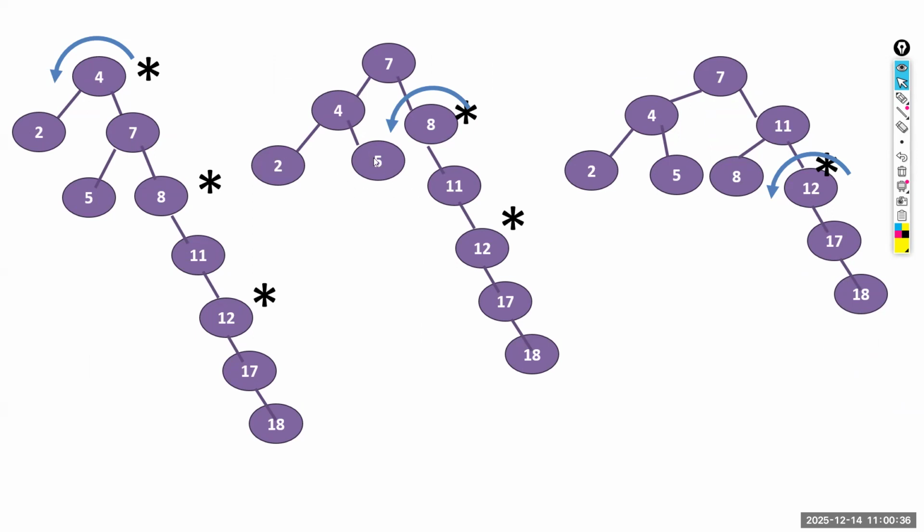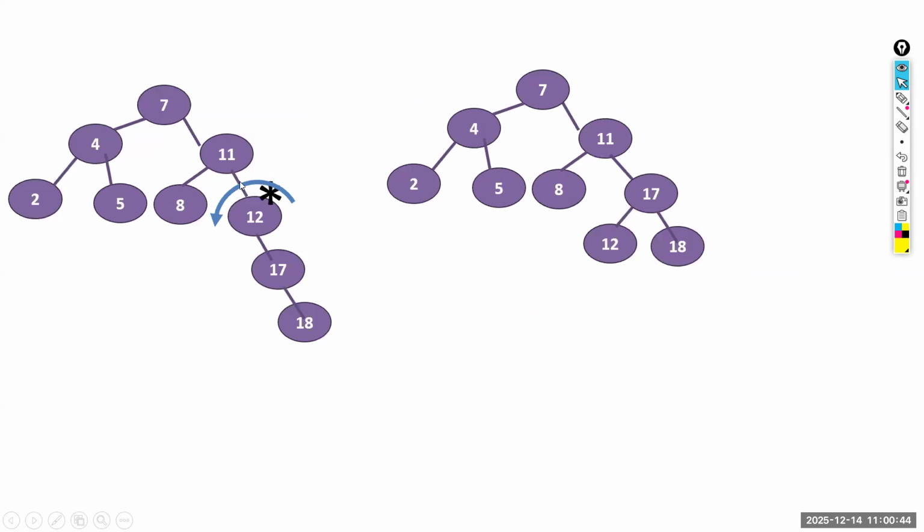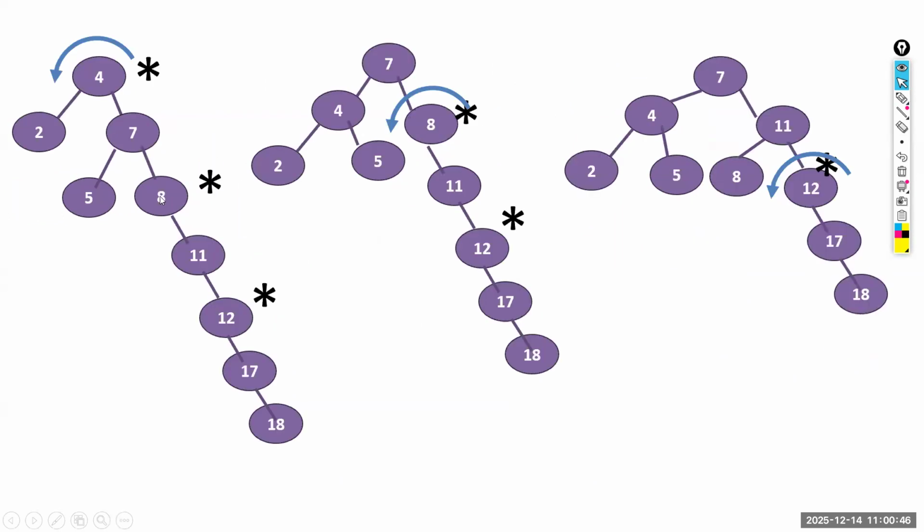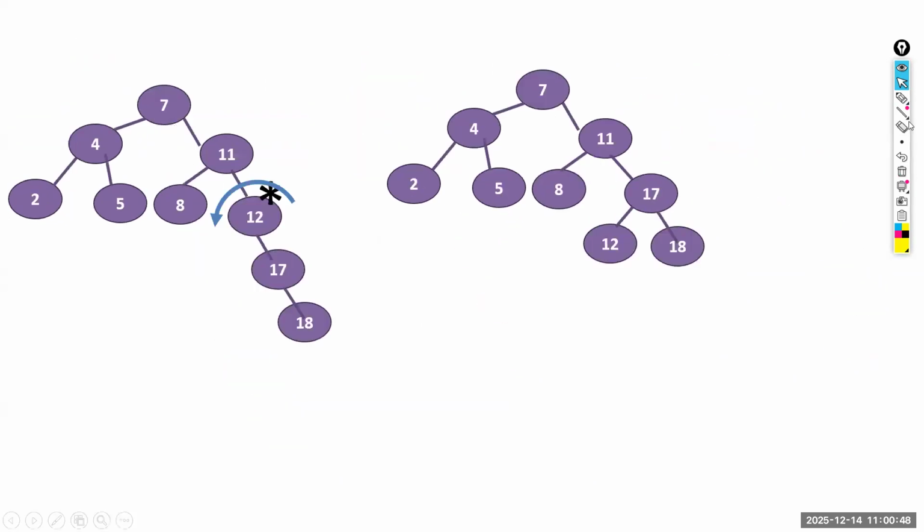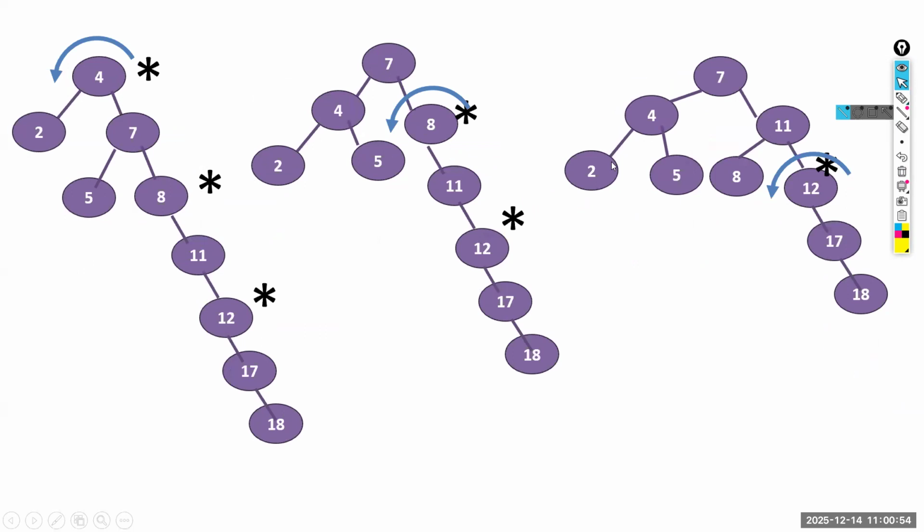You know that, right? So that means now we have done one rotation. Still this is not balanced. Now you need to do the rotation on 8. Now 8 is here. You do a rotation. 11 will go up, 8 will go down.